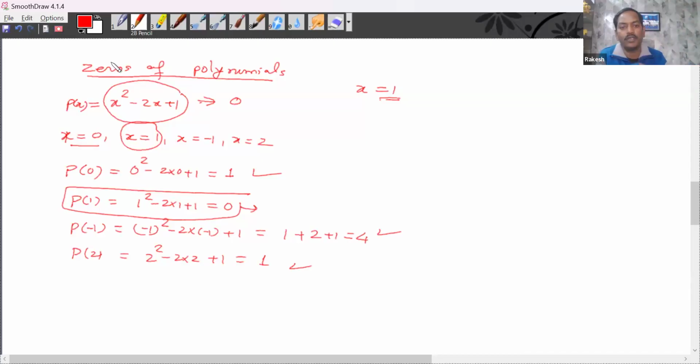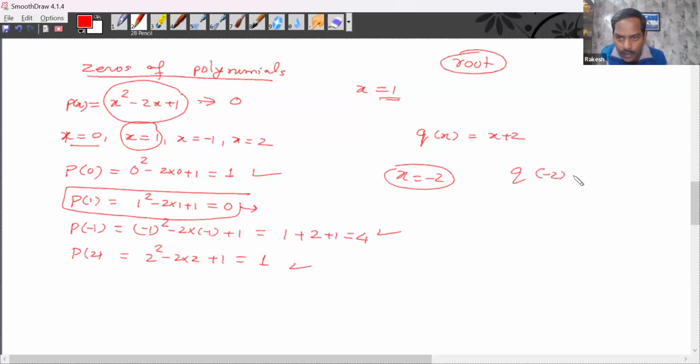There is another name for zeros of a polynomial, which is root. So whether you call it a zero of the polynomial or a root of the polynomial, both have the same meaning. So from now onwards, rather than calling them zeros of the polynomial, we will call them roots, right? So if I have a polynomial, say q of x equal to x plus 2, just by simple observation I can say that x equal to minus 2 is a value for which q of x becomes 0.